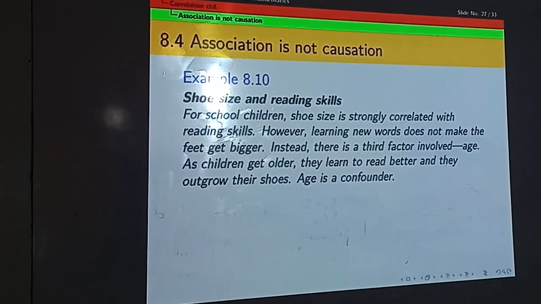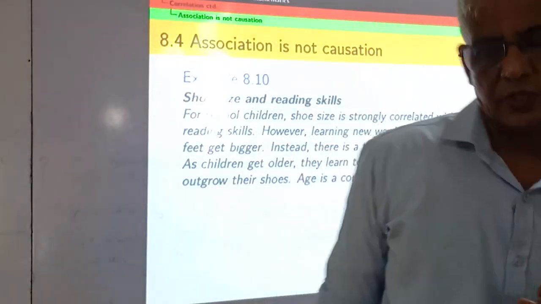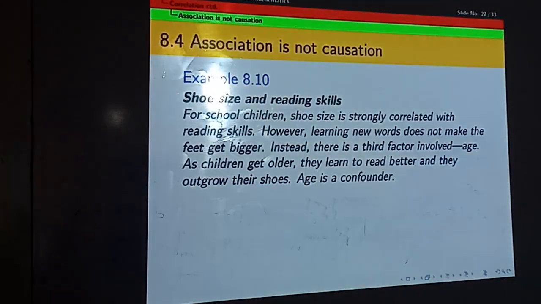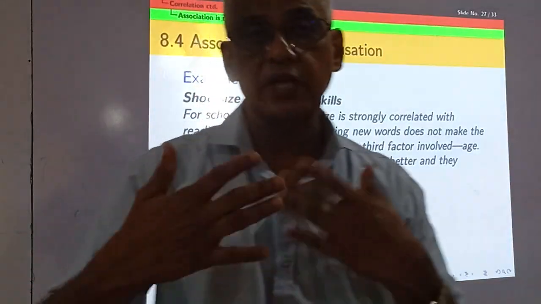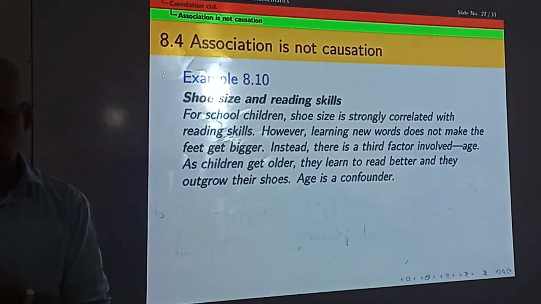Okay, I actually have discussed these things earlier also. When you talk about association, especially from observational studies, right? Even though there is a strong association, generally it doesn't mean a causation, right?